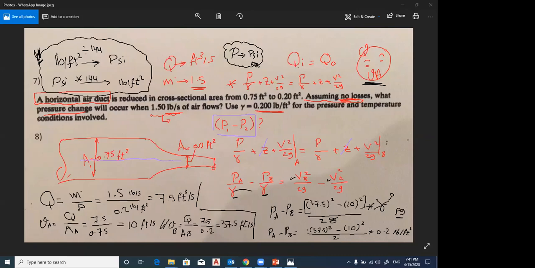Because if the problem starts by giving pressure, normally pressure is given in PSI and other units are in feet square. It means to continue in British, it should be changed from PSI to pound per feet square, so just multiply PSI times 144.